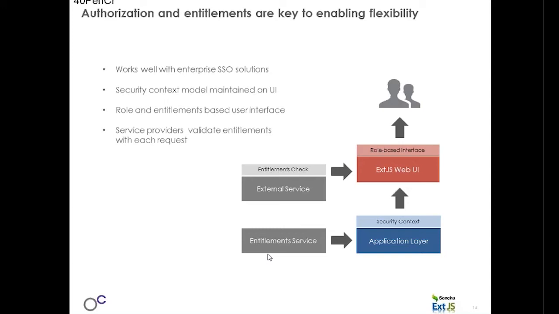As the ExtJS application is web-based, and in certain cases we do access these services directly, we do expect that the service provider will revalidate the entitlements and authorization, because it's very easy to hit a RESTful URL directly from a browser. That's a pattern that we've used successfully.